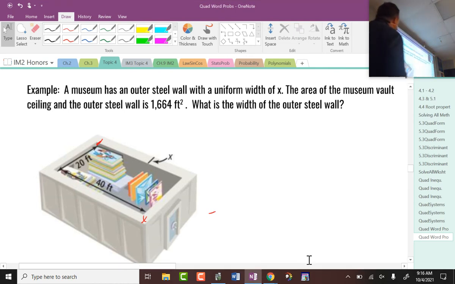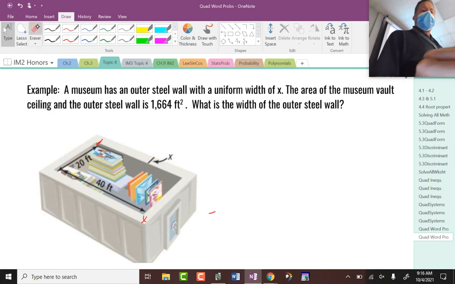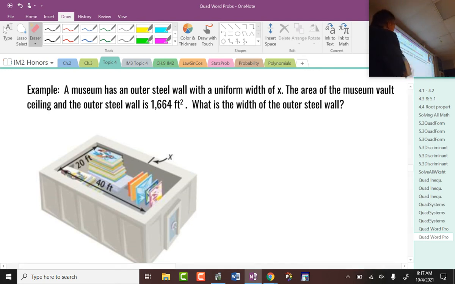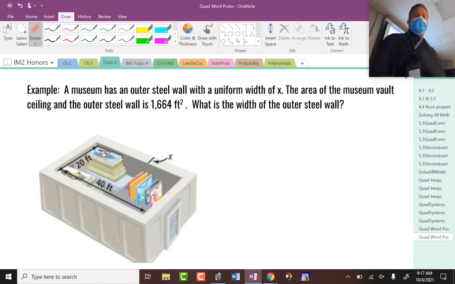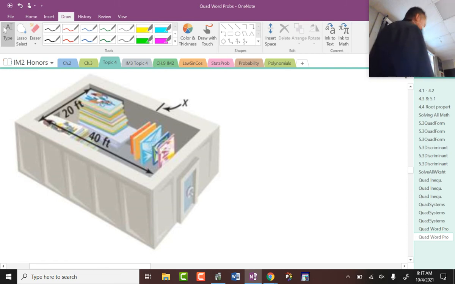A museum has an outer steel wall with a uniform width of X. The area of the museum vault and the outer steel wall together is 1664. What is the width of the outer steel wall? So just the ability to algebraically set up this situation does have applications out in the real world. I was thinking out loud of some companies that this would be the case. We brought Citgo in here before, talked about some engineering opportunities there for students. And I know Citgo does a lot of mathematics to figure out maximization of things in their jobs. So, whatever.